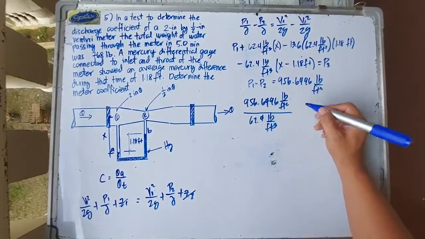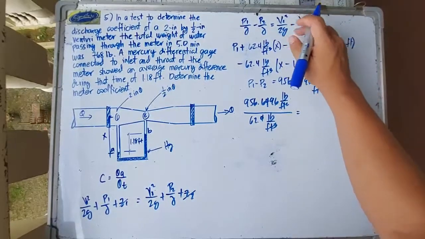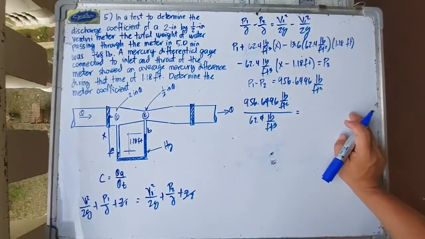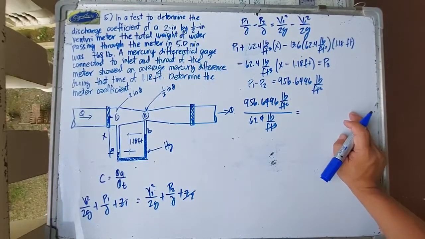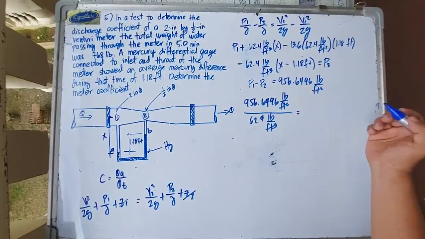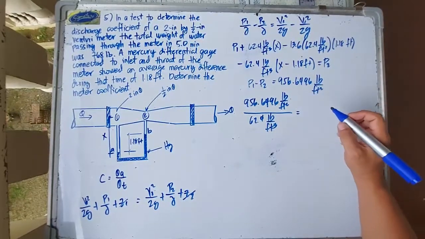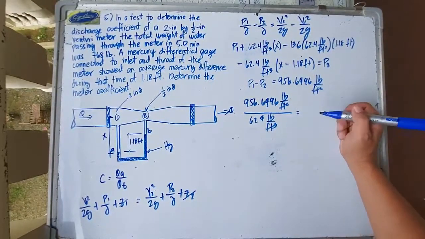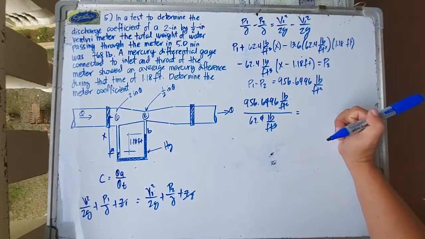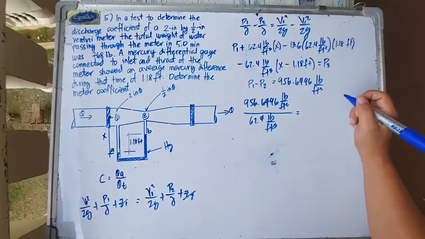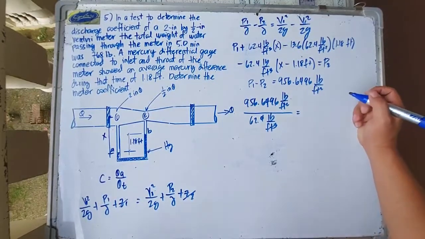Okay, and that should be equal to the difference in the velocity heads at points 2 and 1. So we have, let's just solve this in terms of the discharge. That would be long.